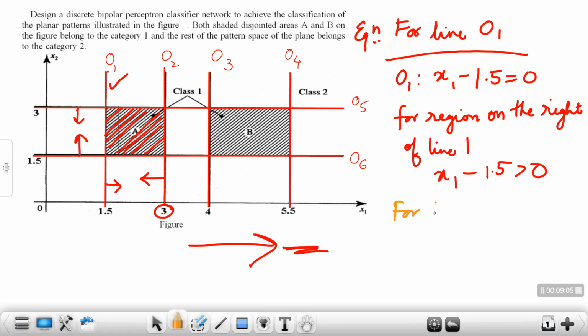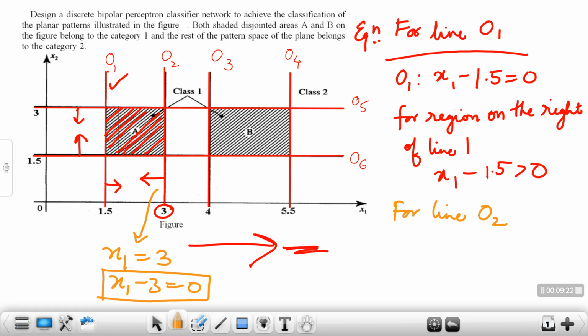For line O2, it is different. The equation of this particular line O2 is nothing but x1 is equal to 3. That is nothing but x1 minus 3 is equal to 0. This is the equation for line O2.